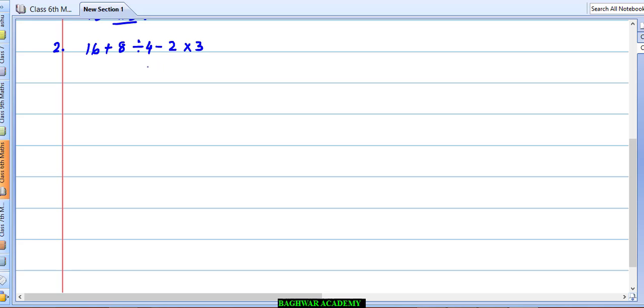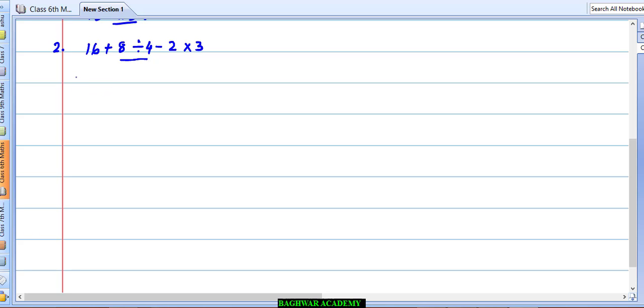Now again we have plus, meaning addition, we have division, we have subtraction, and multiplication. Among these 4 operations, which one is required to be solved first? We need to solve the division portion first: 8 divided by 4. So this portion is required to be solved first.